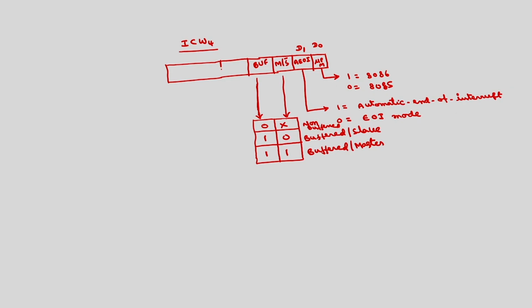Then we have the specific nested mode, as I have discussed in the last class. This 8259 can operate in 3 modes: fully nested, automatic rotation mode, and specific rotation mode. That will be decided by this bit of ICW4.